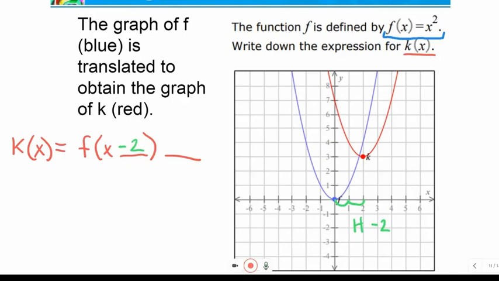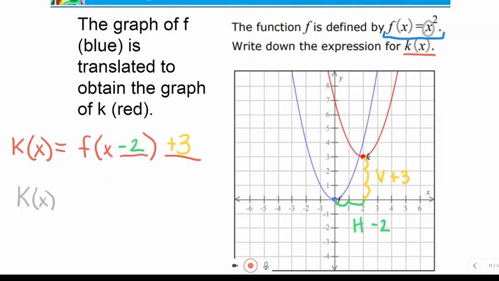And our vertical shift, 1, 2, 3 units up, so that's a +3, and the vertical is going outside of that function. Now, because this is a quadratic, I'm not writing f of x. I'm writing x squared. And that x is going to change.